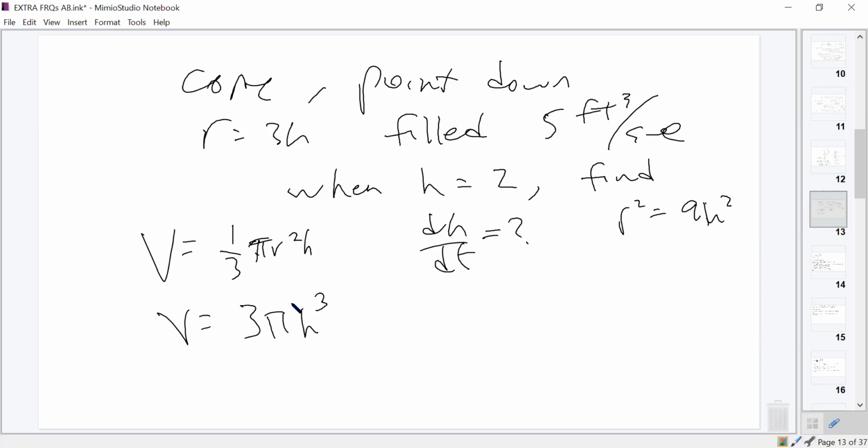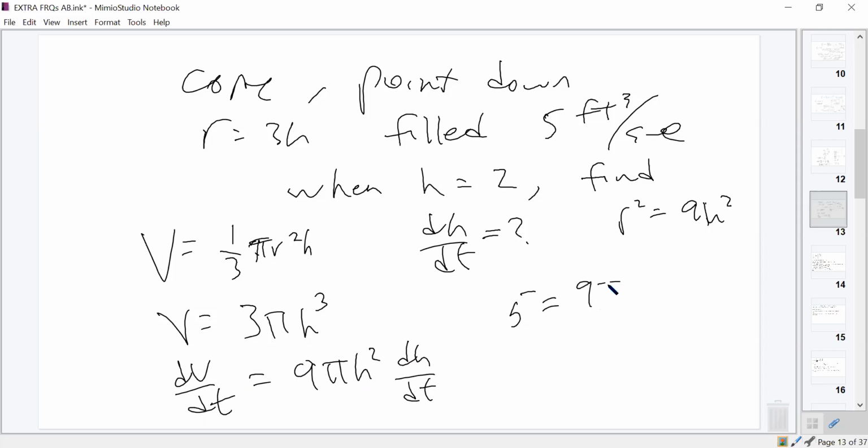Yeah. Then we'll take our derivative. dV/dt equals 9 pi h squared dh/dt. And we'll plug in our dV/dt value of 5 equals 9 pi times our height squared dh/dt. And then we will divide.